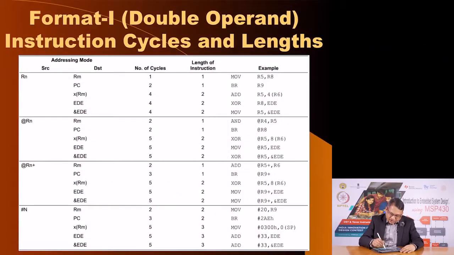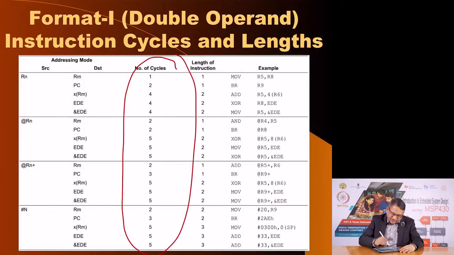Now, before we come to that aspect, I want to show you how much time the MSP430 takes to execute any given instruction. I have listed here the various types of instructions, and in this, specially look at the second column, which says how many cycles are required to execute a given instruction.